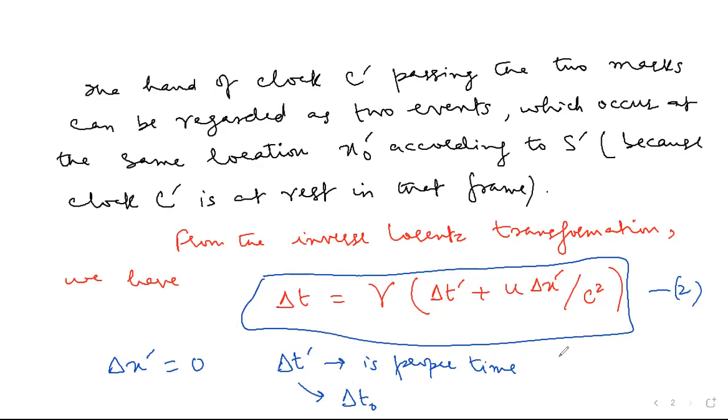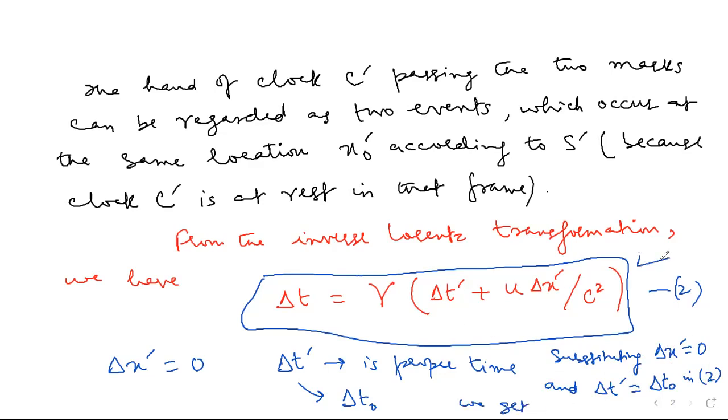So substituting delta x prime equal to 0 and delta t prime equal to delta t naught into equation 2, we get this.